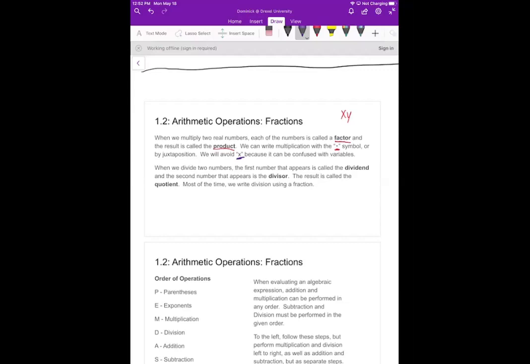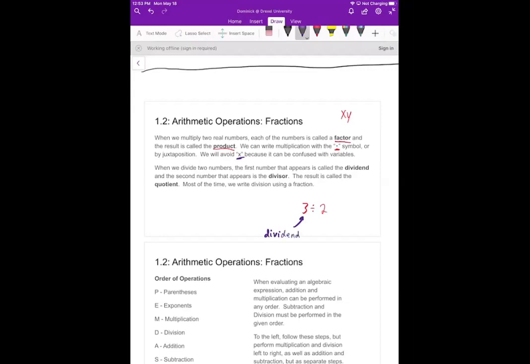All right, now when you divide two numbers, like in multiplication, each number is just a factor, but in division, the order matters. So we indicate that that order matters by two separate words, right? So if you have something like 3 divided by 2, the first number that you see is called the dividend.